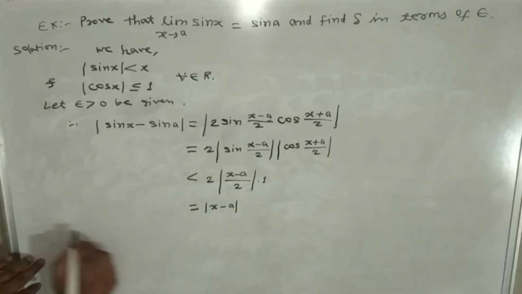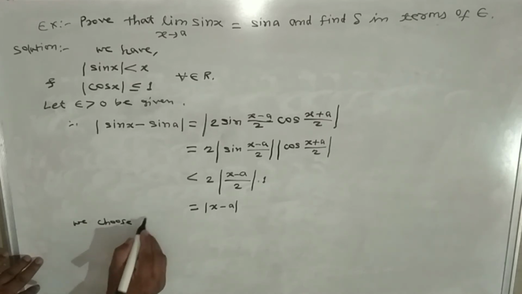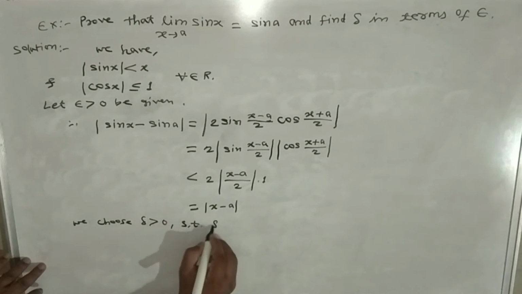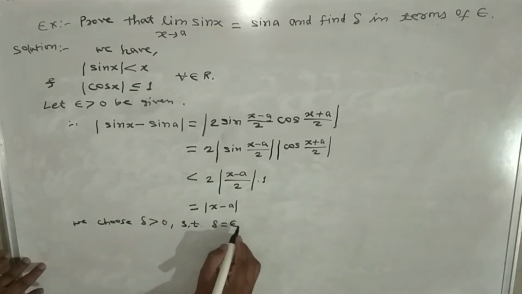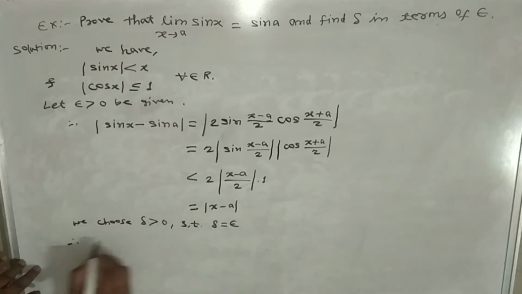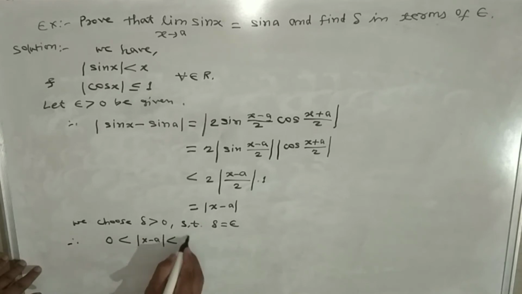So we choose delta greater than 0 such that delta is equal to epsilon, and therefore 0 is less than mod x minus a, and mod x minus a is less than delta.